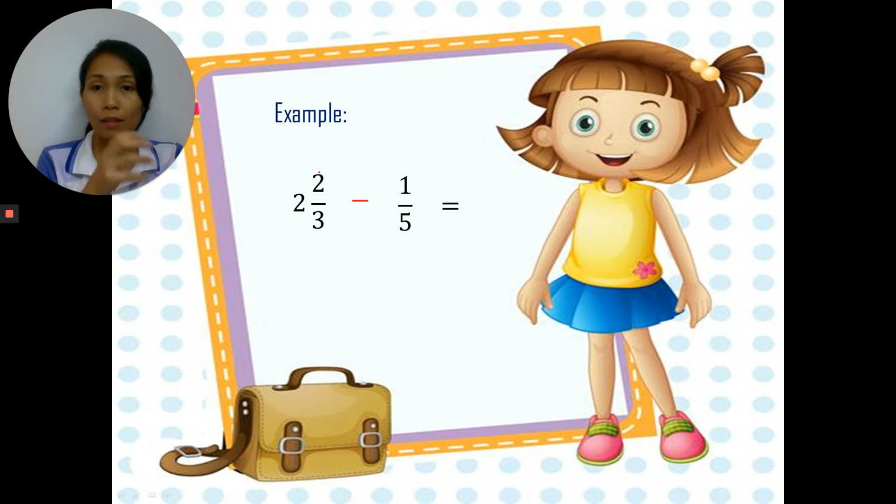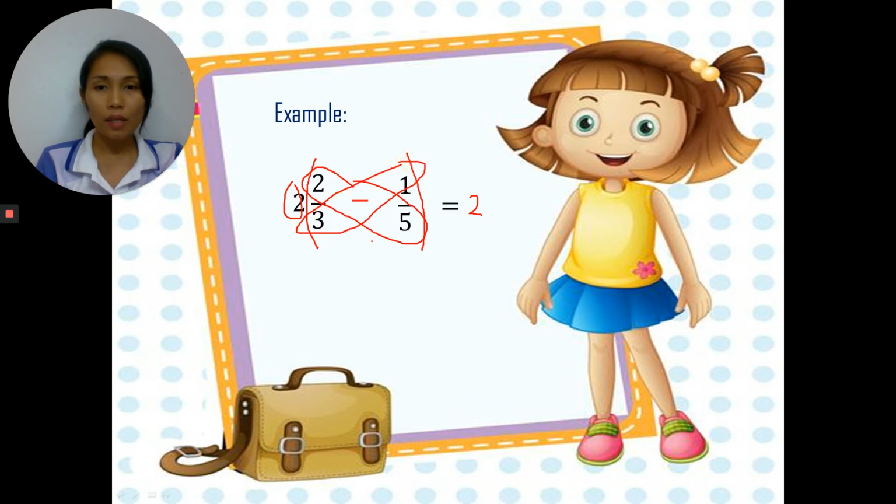This method is the other method that I told you about in a previous lesson. So we separate the whole number 2 and then the fraction. We'll deal with the fraction now. Now let's use the easy method, the cross multiplication, since these are just small numbers. For the denominator, we copy 15, right?